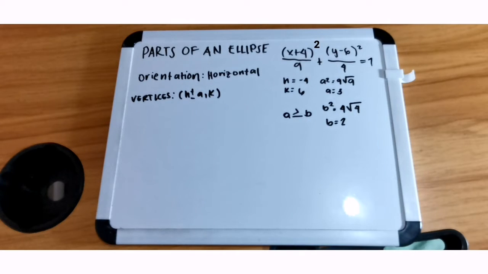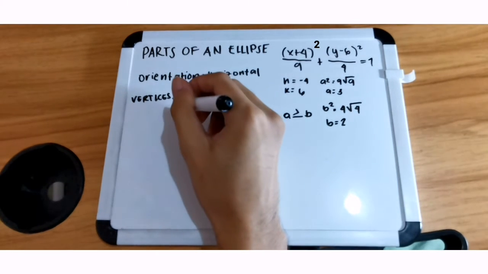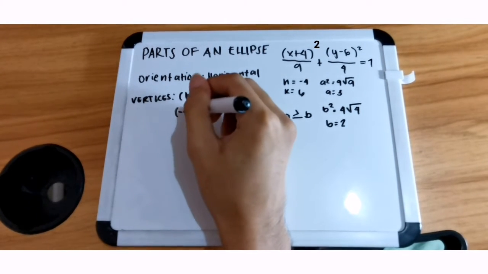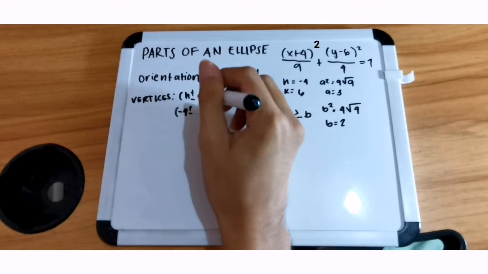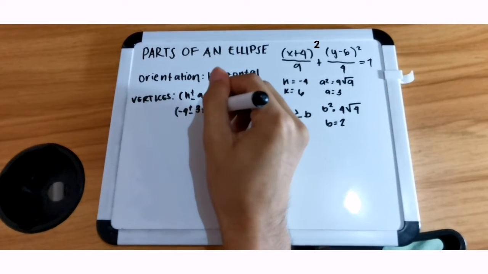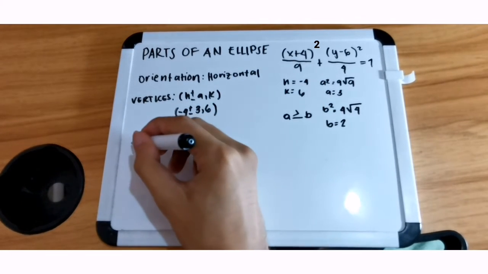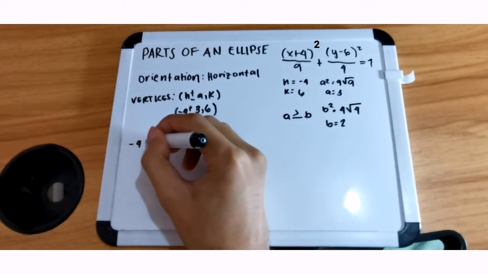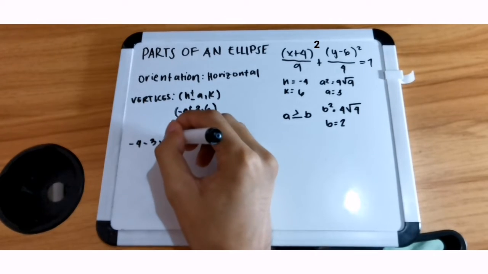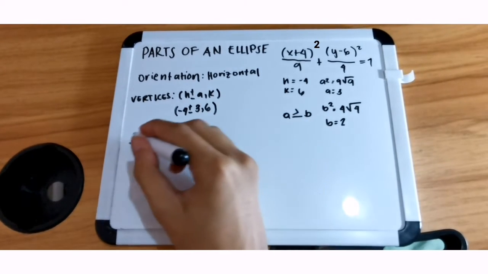Okay, so let's move on to the vertices. So the formula of vertices is (h plus or minus a, k). So substitute all the values. Yung h natin is negative 4, and then copy the sign, positive and negative. So the value of a is 3, and then the value of k is 6. So we have (negative 4 minus 3, 6).